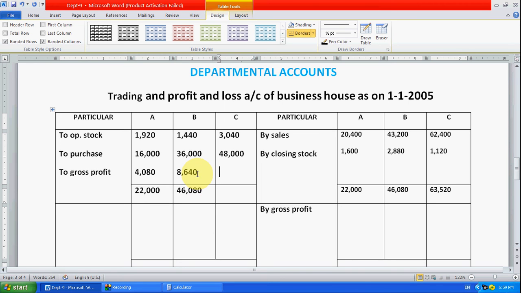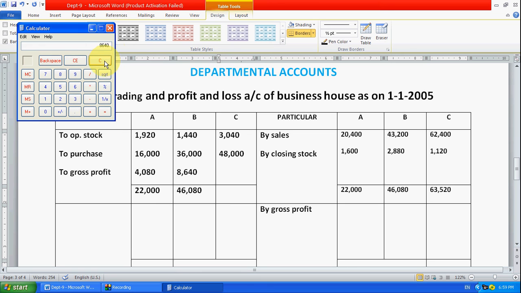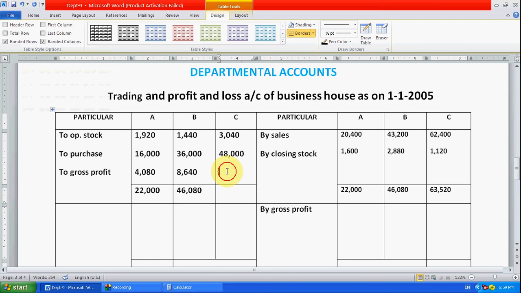Now calculate this one: 63,520 minus 3040 minus 48,000, so 12,480. Right here 12,480.